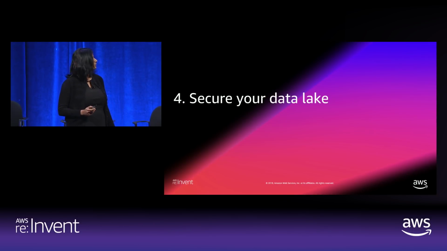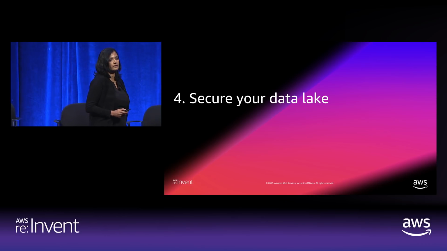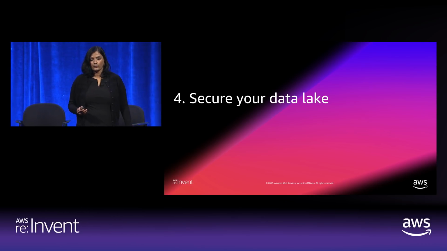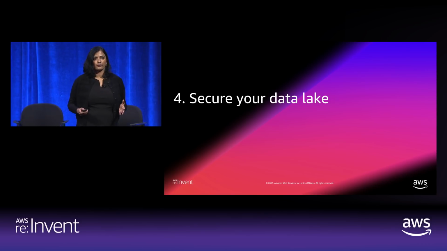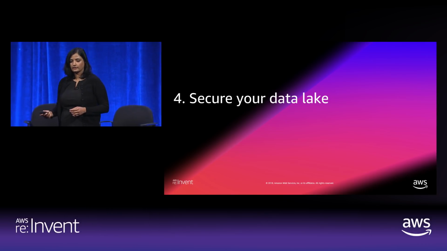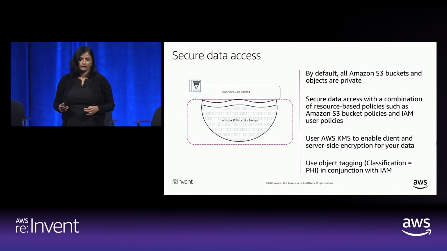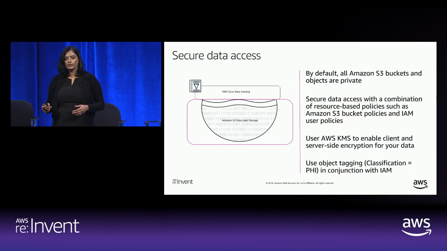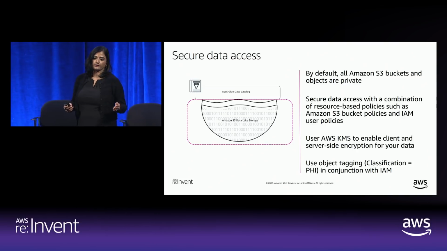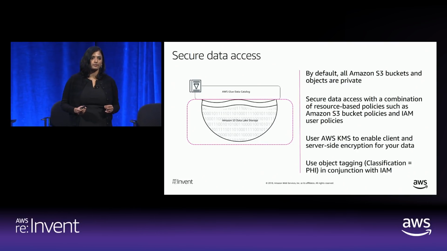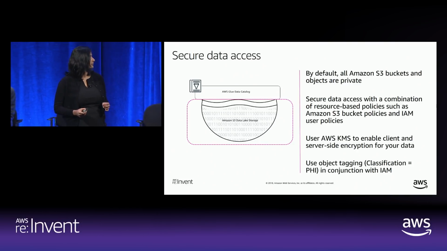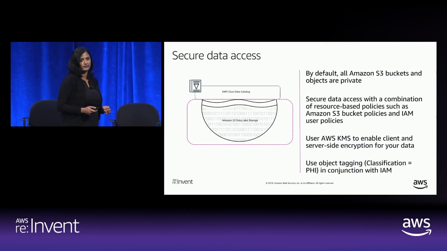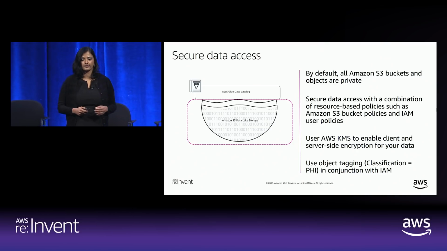So now we come to the 4th step, which is securing your data once the data is prepped and discoverable in your data lake. By default, all S3 objects are private. You can grant access to the data in S3 using a combination of resource-based policies, such as the S3 bucket policies, and IAM policies, the IAM user policies.